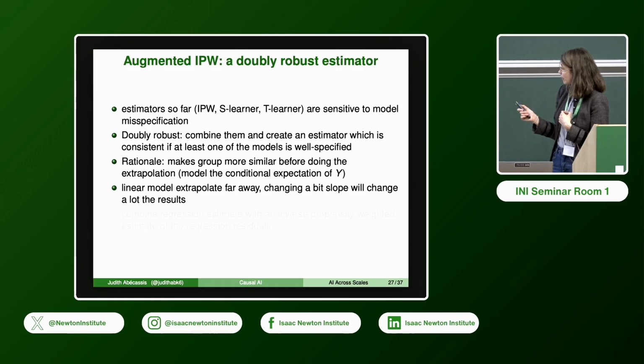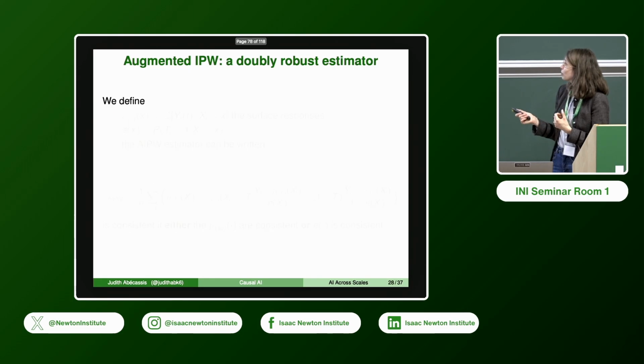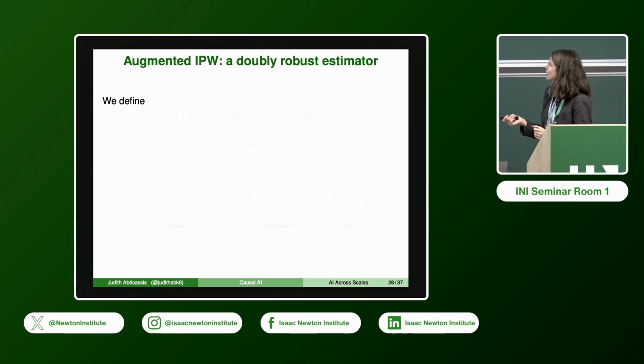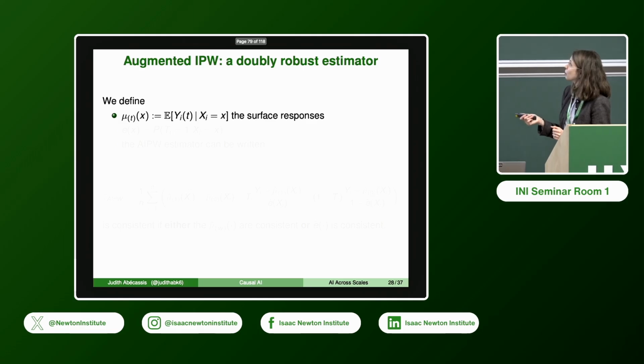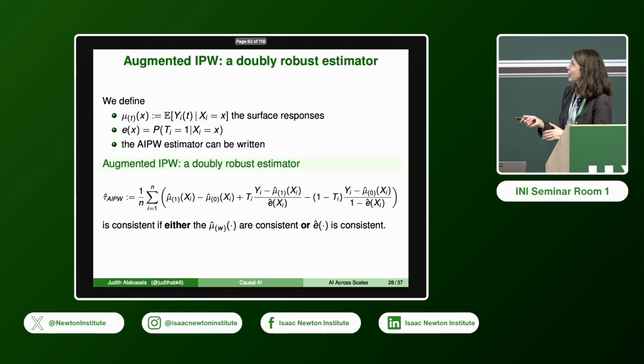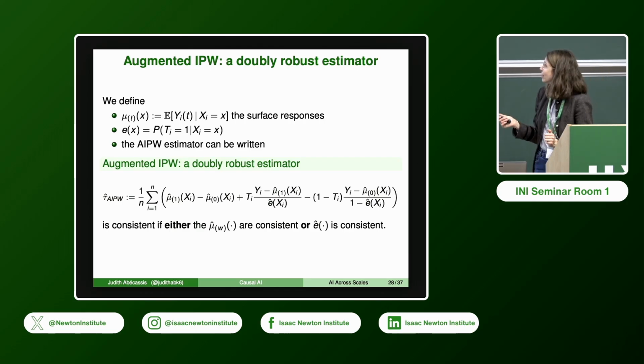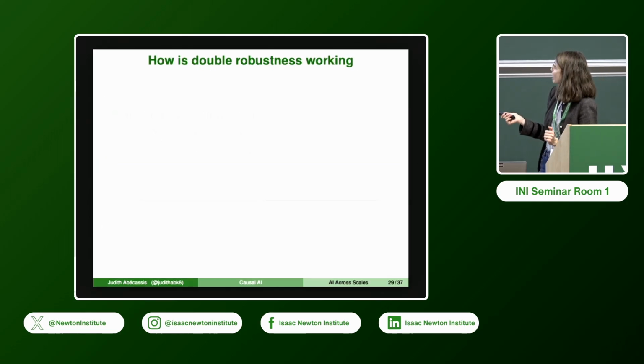So what you obtain then is called the augmented, or one example of it is the augmented inverse propensity weighting, where you estimate both surface responses and propensity scores, and you combine them with this slightly complicated formula where you can actually rearrange the terms.